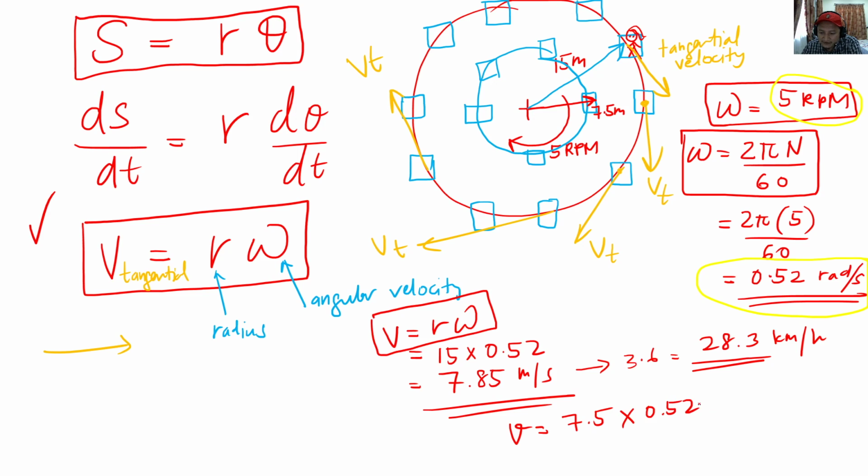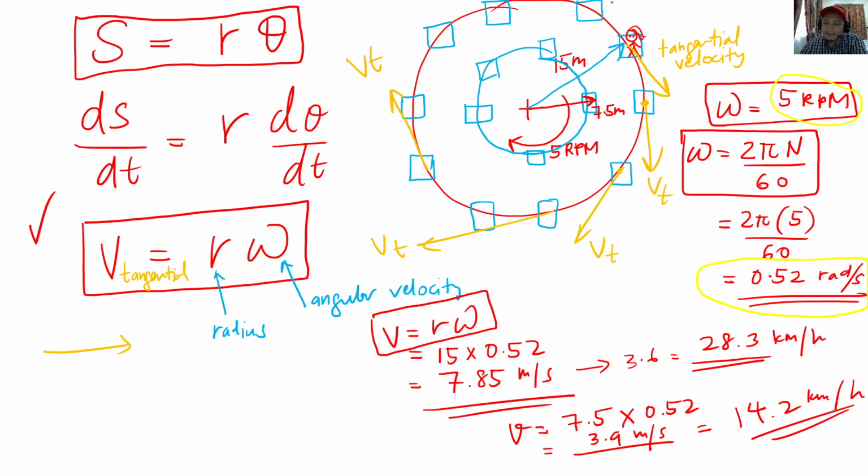Radius is 7.5 times 0.52. 0.52 what? Radian per second. Berapa? 7.5 times 0.52. 3.9 only lah. 3.9 meter per second, which is half. I think if you convert, you get 14.2 kilometer per hour.